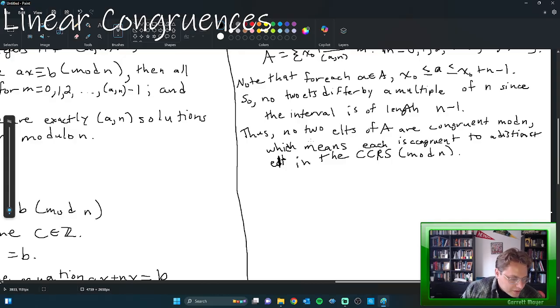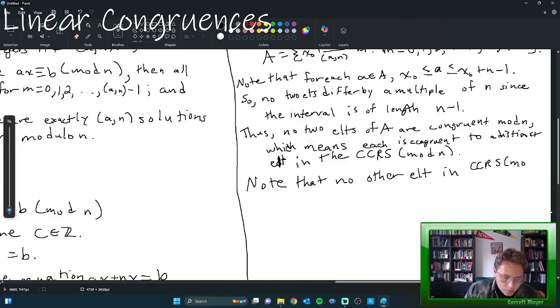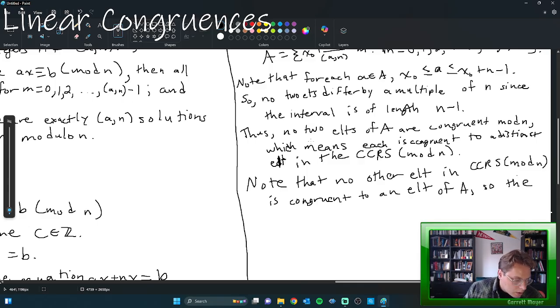And what we're also going to do quickly is note that no other element in the CCRS is congruent to an element of A, so no other element is a solution, basically.